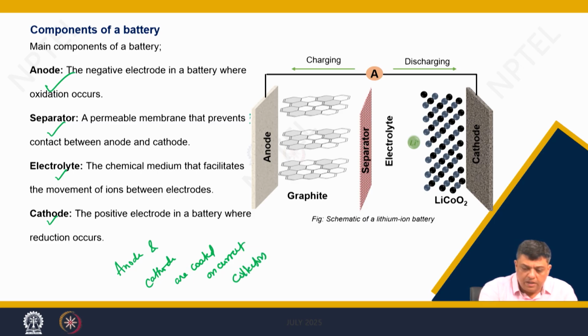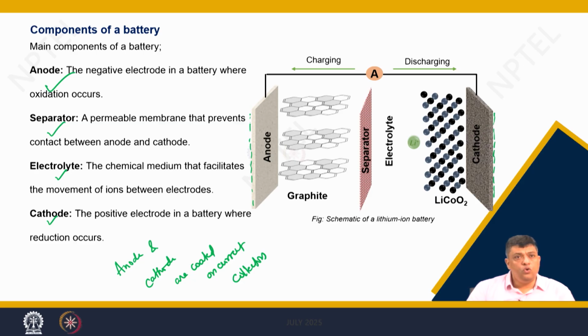So, behind them there is a layer of current collector which facilitates the injection of electrons or acceptance of electrons from the anode or to the anode during discharging or charging cycles respectively.